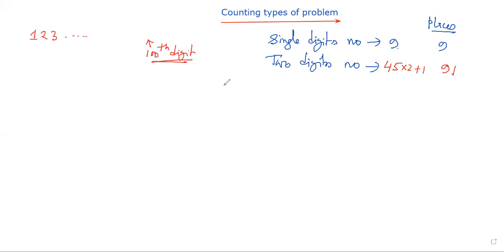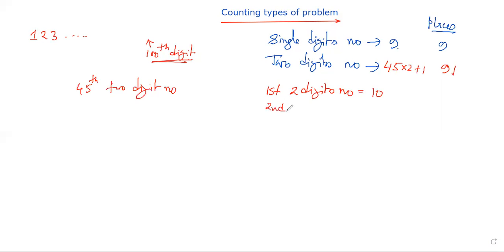Now our target is to find the 45th two digit number, after which one more digit follows. What is the 45th two digit number? That I need to know. I know the first two digit number is 10.